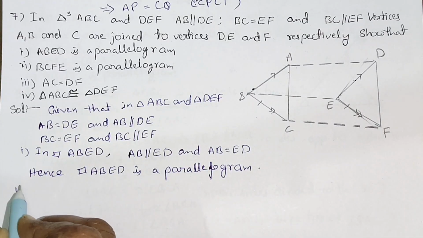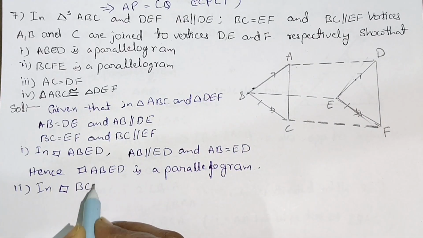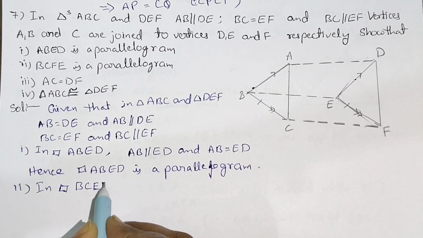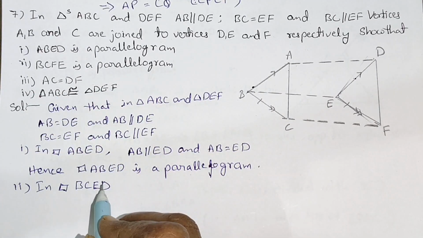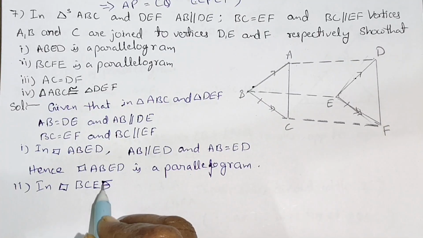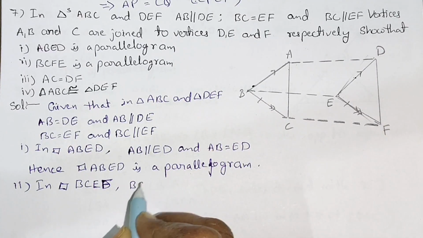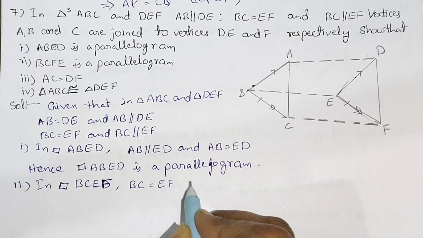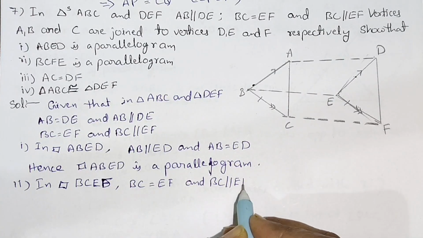Second one, in BCEF. We take BCEF. BC is equal to EF and BC is parallel to EF.